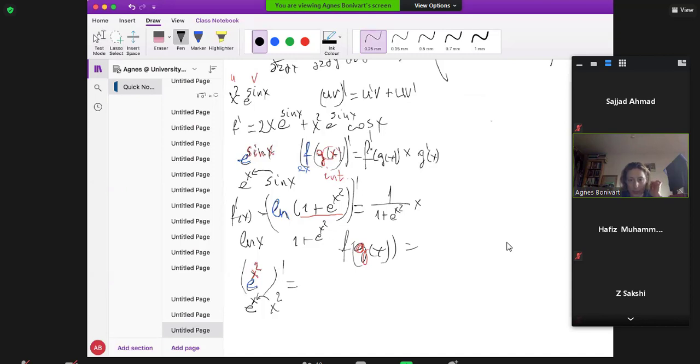We need the derivative of the external function, e to the x, which is e to the x itself. But we have to have it in the place of the internal function, so e to the x squared, times the derivative of the internal function, 2x. So here I need e to the x squared times 2x.